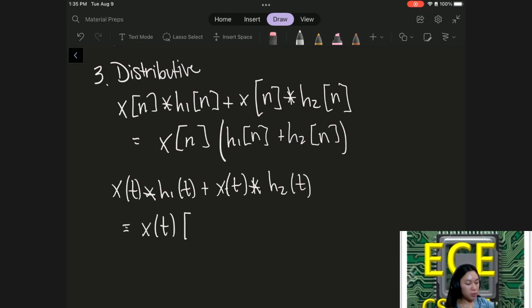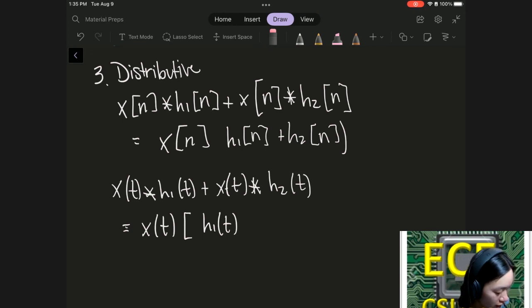So this becomes x of t convoluted with h1 of t plus h2 of t.